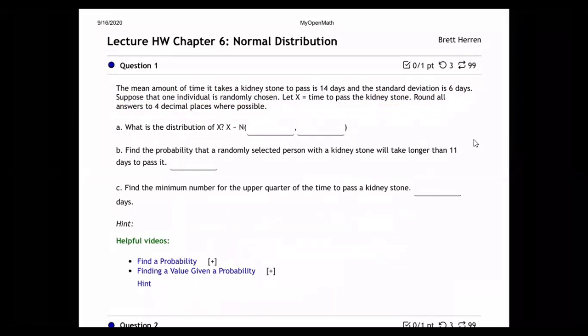So what is going on here? Well, what we're talking about in this chapter is normal distribution. What is normal distribution? I'll draw it for you. It's basically a bell-curved distribution. That's a normal distribution or bell curve distribution, same thing.